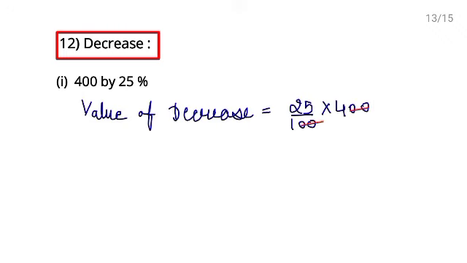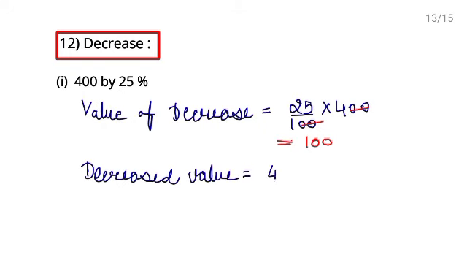Zeros to zeros cancel out, 25 4s are 100 now, so value decreasing is 100, so decreased number or decreased value will be from original value subtract the value which is being decreased, so this is 300, which is your answer.